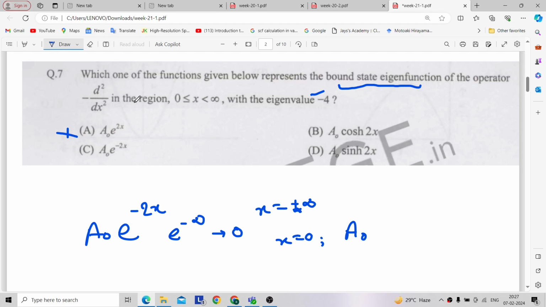Now coming to the second condition: if I apply minus d2/dx2 on this wave function, the eigenvalue should be minus 4. So let me check that. Minus d2/dx2 of a0 e to the power minus 2x.